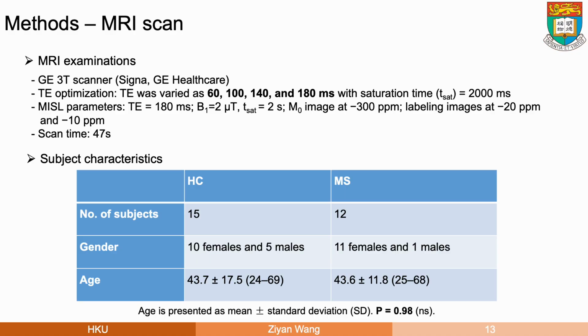After optimization, TE was set as 180 milliseconds for MISL acquisition. A reference image at -300 ppm and labeling images at -20 ppm and -10 ppm were acquired. In the MISL study, we finally included 14 healthy controls and 12 MS patients for group comparison.